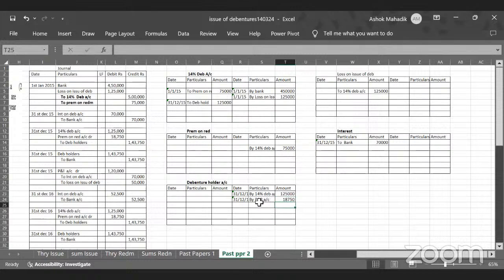Is this clear, students? So in 14% debenture, I wrote to debenture holder the amount which is against debenture, because we are writing in debenture account. 125, 125. In premium, what will we write? To debenture holder 18,750. So in premium on redemption here on 31st December, I'll copy the date.